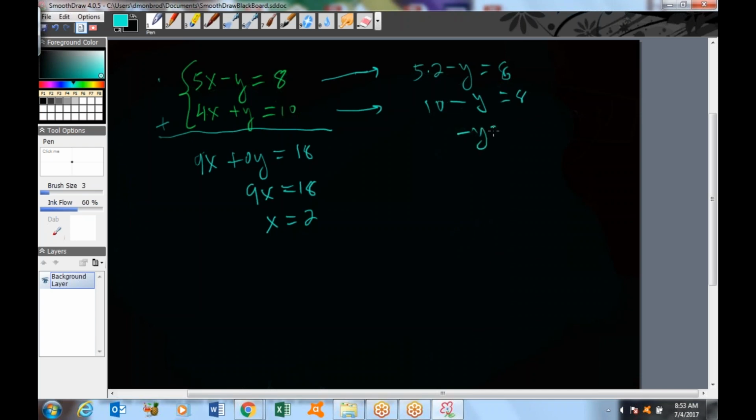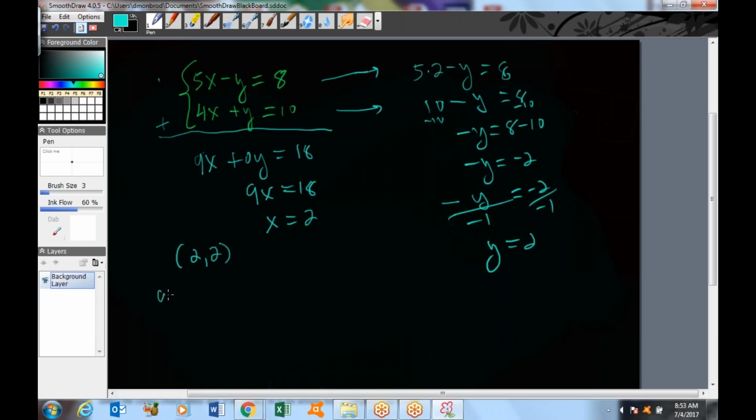So minus y equals 8 minus 10, subtracting 10. And that leaves me with minus y equals negative 2, which is almost done, except now I will divide by a negative 1, producing a positive y equals a positive 2. So there's my other half of the solution. It looks like I have this ordered pair 2, 2.